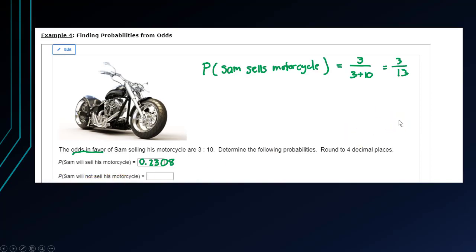Well, the other thing that's different is that I'm looking at the number of instances where he won't sell his motorcycle. So instead of the 3, I'm going to look at the 10. So the 10 will be on top, and the 13 will be on the bottom. And 10 divided by 13 is 0.7692. Another way I could have figured this out is to do 1 minus this number, because these are exact opposites of each other.